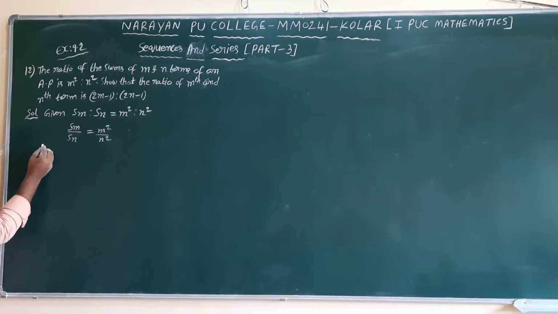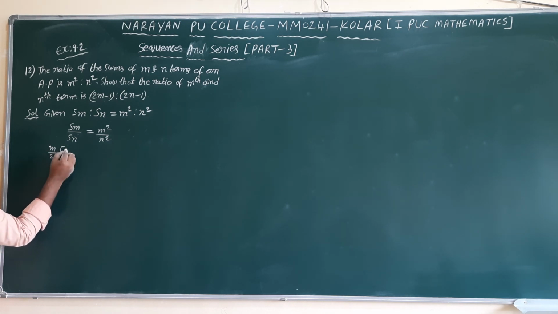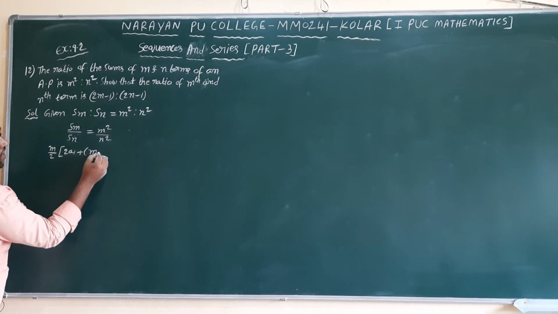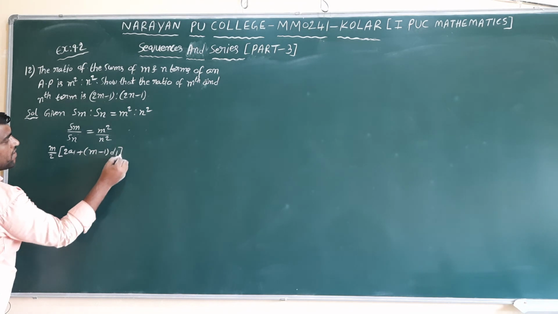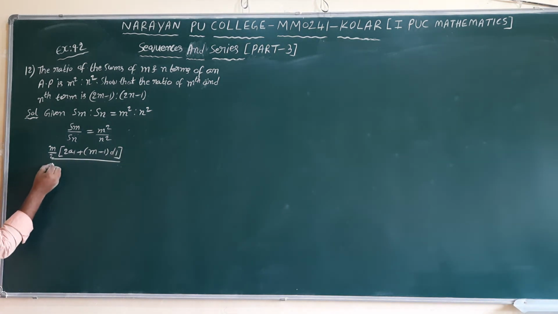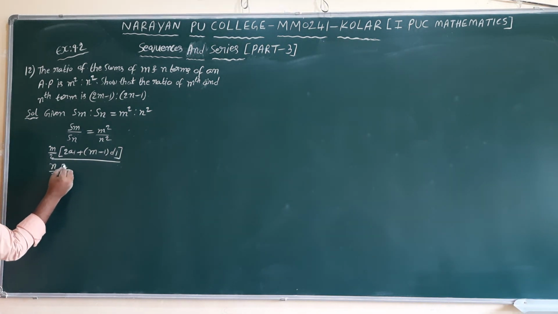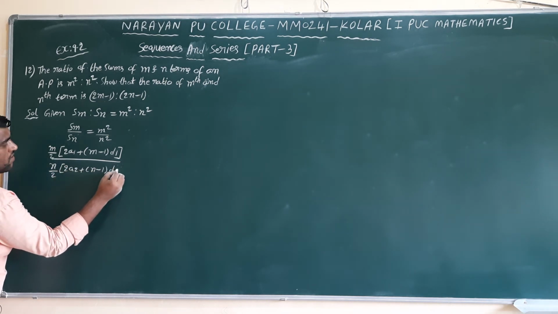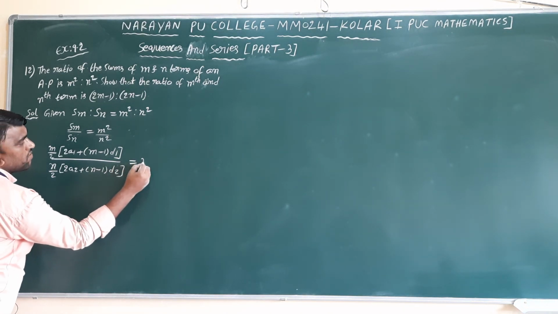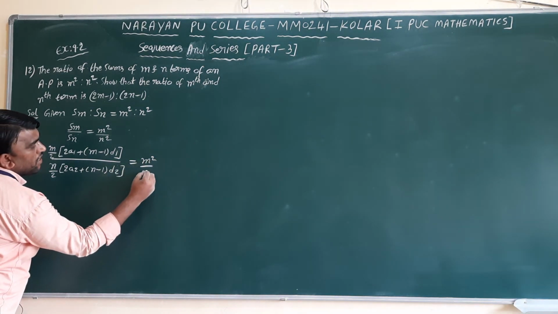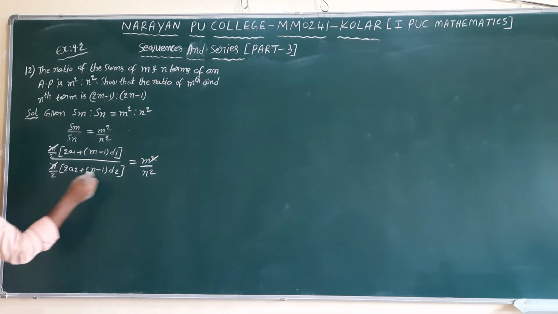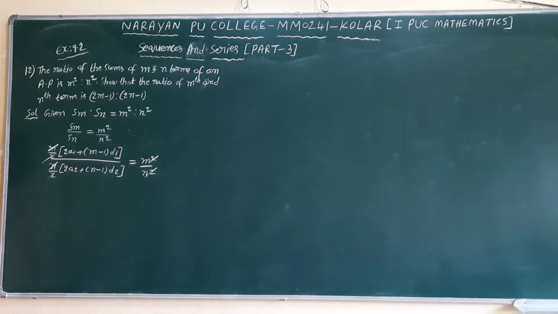Let us take them separately. m by 2 into 2A1 plus m minus 1 into D1, divided by n by 2 into 2A2 plus n minus 1 into D2, is equal to m square by n square. m one square cancel, n one square cancel, 2 also cancel.